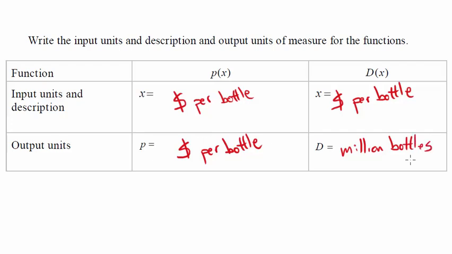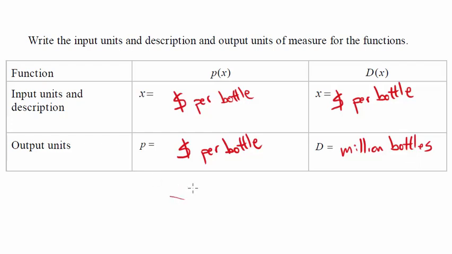My input units are the same, so I know that this is not going to be function composition. So now I'm thinking of where I could add or subtract them. Well, I cannot add dollars per bottle and millions of bottles. Dollars plus millions of bottles makes no sense. Now I'm going to think, are these compatible?